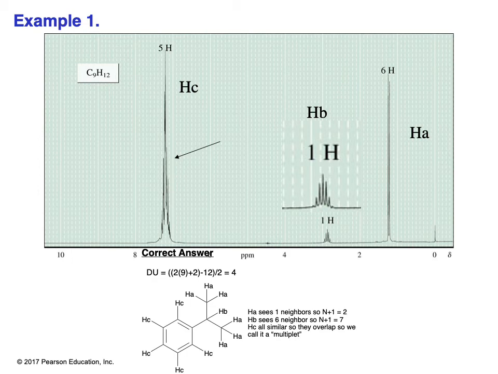These are similar to the ones that we saw in the previous example, where I have 1 hydrogen that's seeing a lot of neighbors and 6 hydrogens that are seeing 1 neighbor because they're a doublet. And so that gives me this isopropyl group again. The big thing to remember is to not count the peak at 0 in your signal counting, because the peak at 0 is that TMS reference.